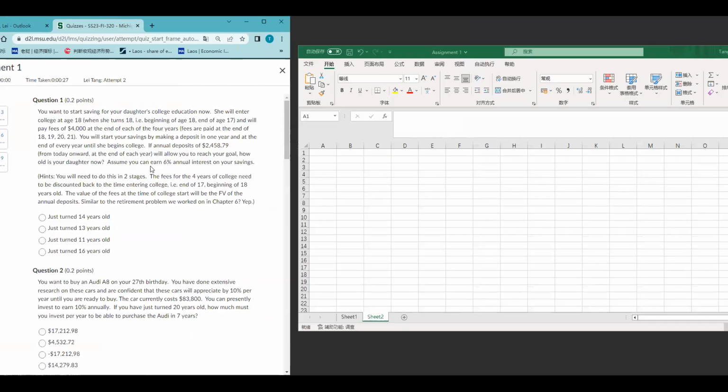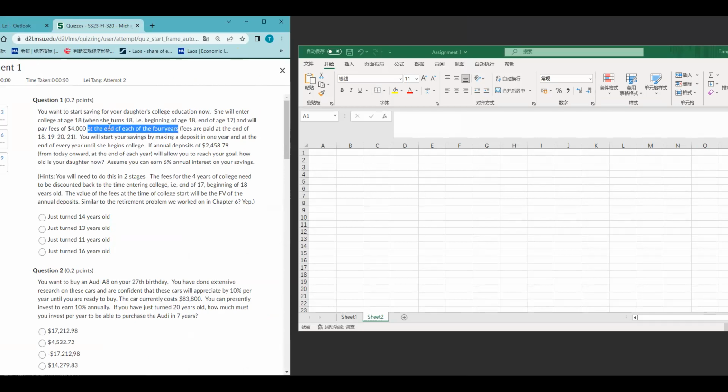So for question one, you want to start saving for your daughter's college education. They start at age 18. Beginning at age 18, we'll pay the fee of 4,000 at the end of each year.